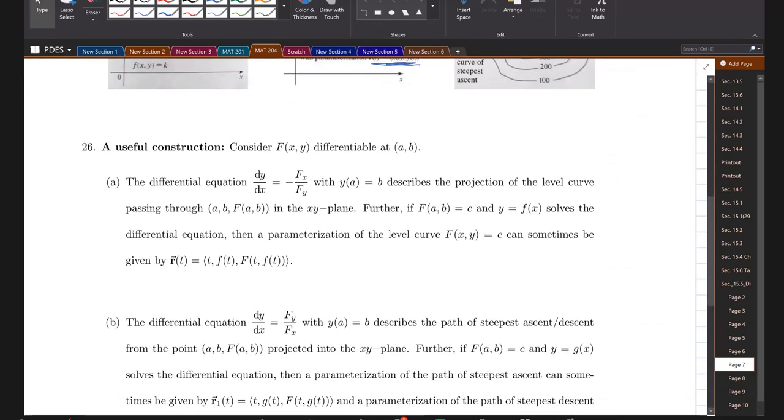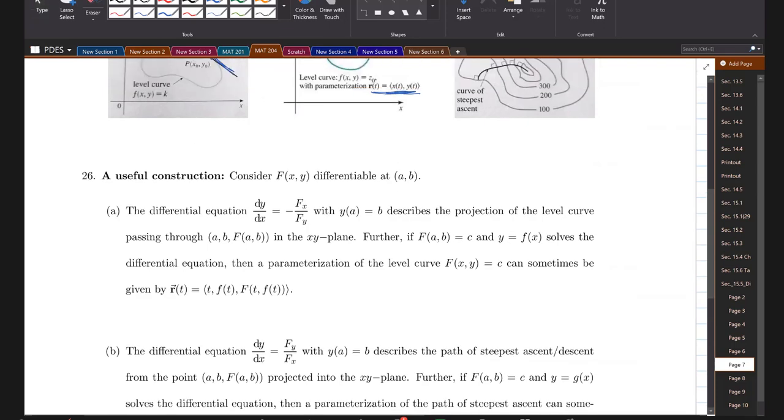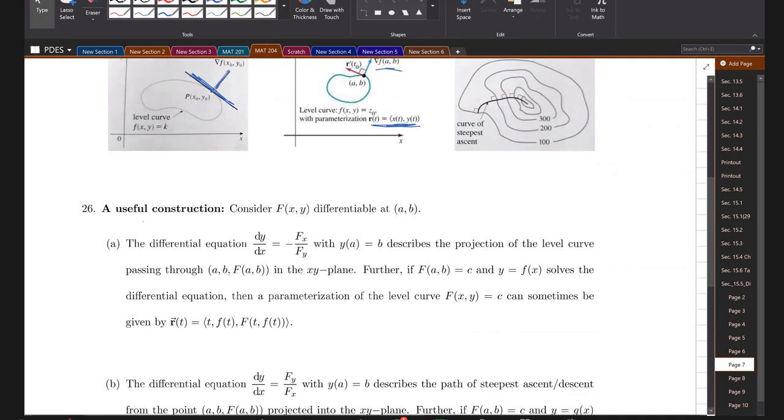We're about to do an example from the textbook, and the textbook didn't really mention how they got there. They just went ahead and did it. So I want to say that I think these are two useful bits of information, and that is if you want to think about projecting a level curve down into the xy plane.